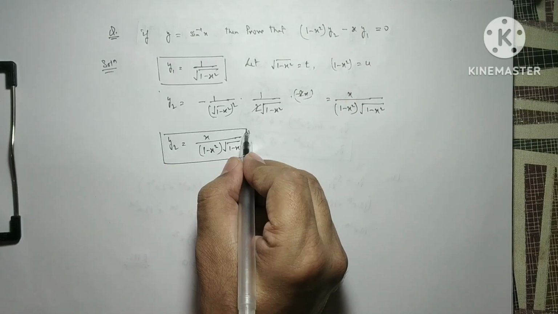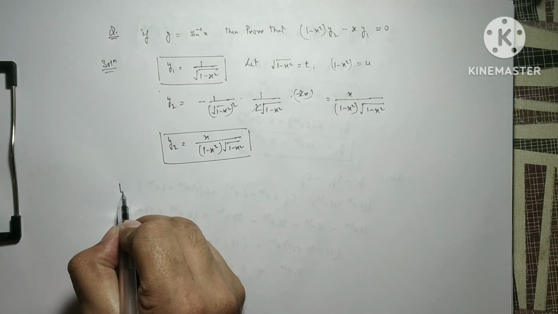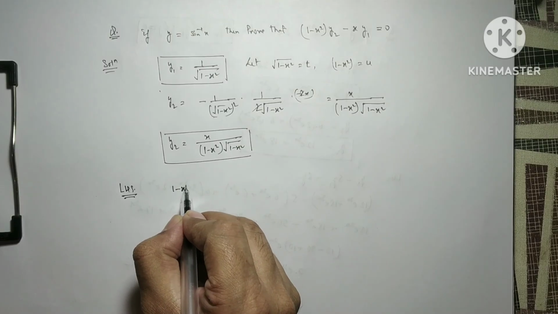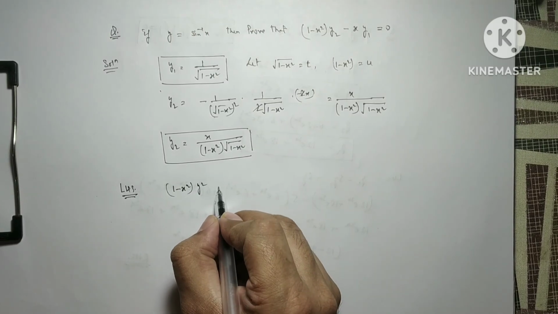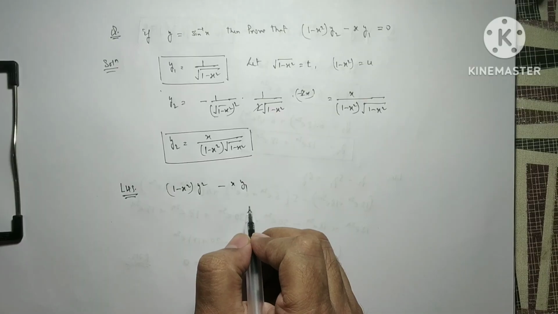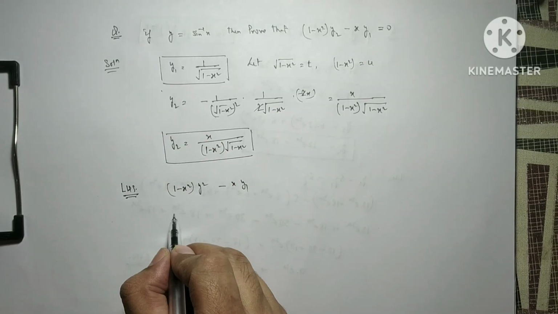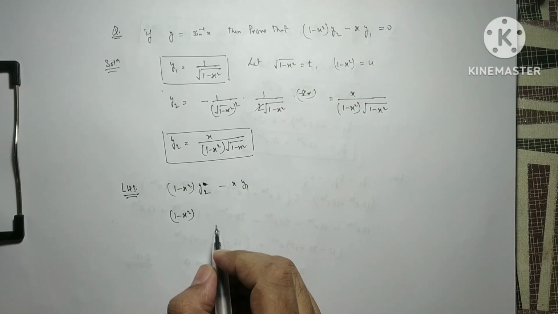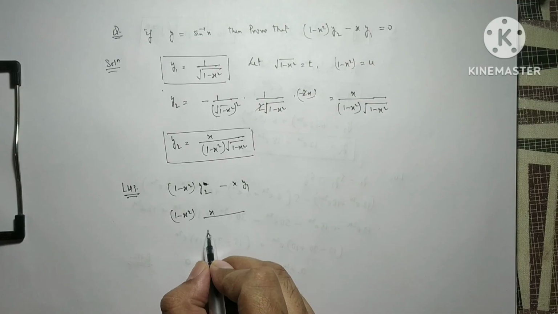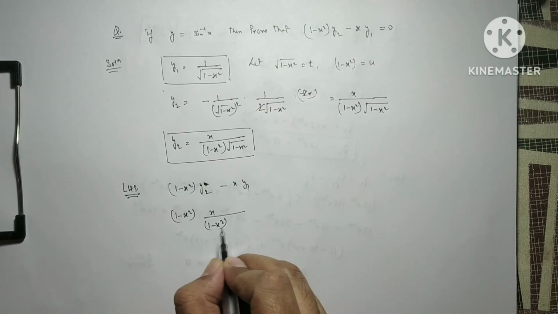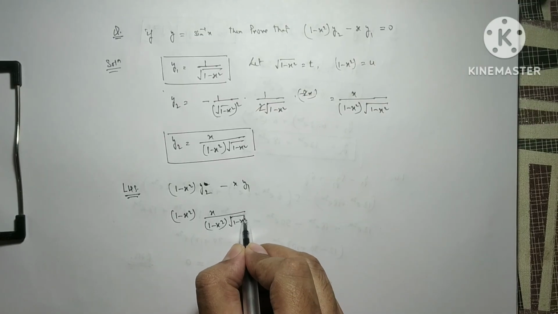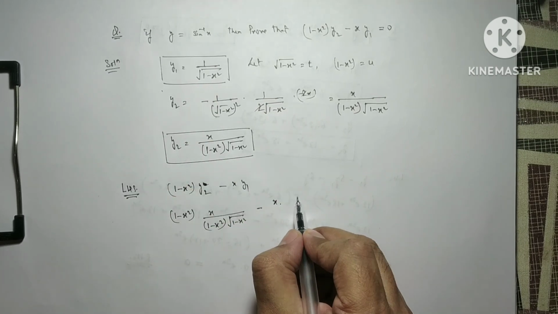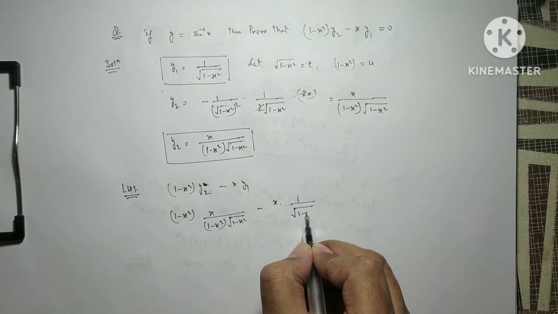So put these values on the left hand side. So the left hand side of the proving condition is 1 minus x square y2 minus x y1. So put the values of these two. So 1 minus x square with y2 is x over 1 minus x square under root 1 minus x square, minus x into y1 is this, so 1 over under root 1 minus x square.